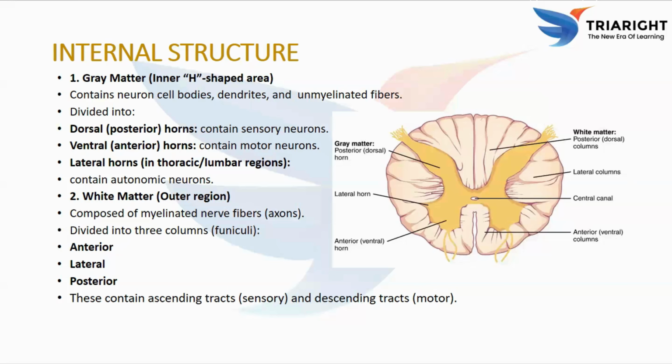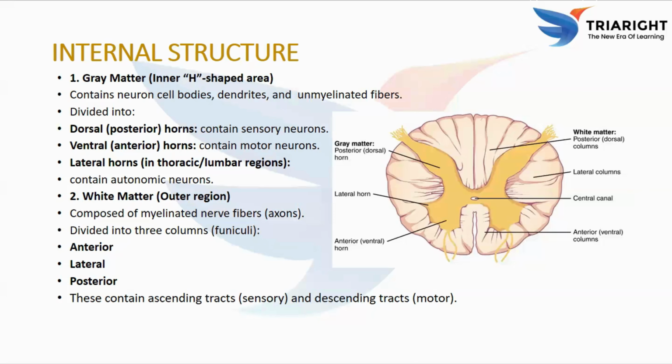So what are the divisions of the white matter? As I said before, anterior front column, posterior back column and lateral side column. Each column contains the ascending tracts, which carry the sensory information to the brain, and it also has the descending tracts. They carry the motor commands from the brain to the body.